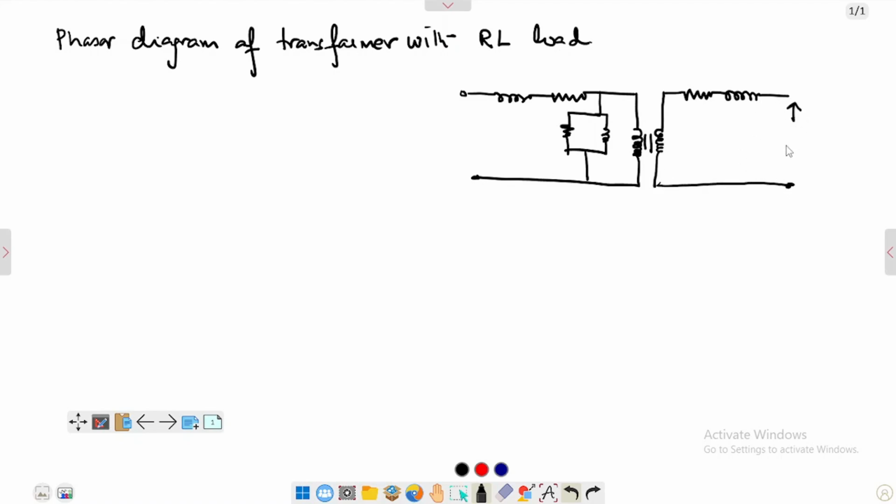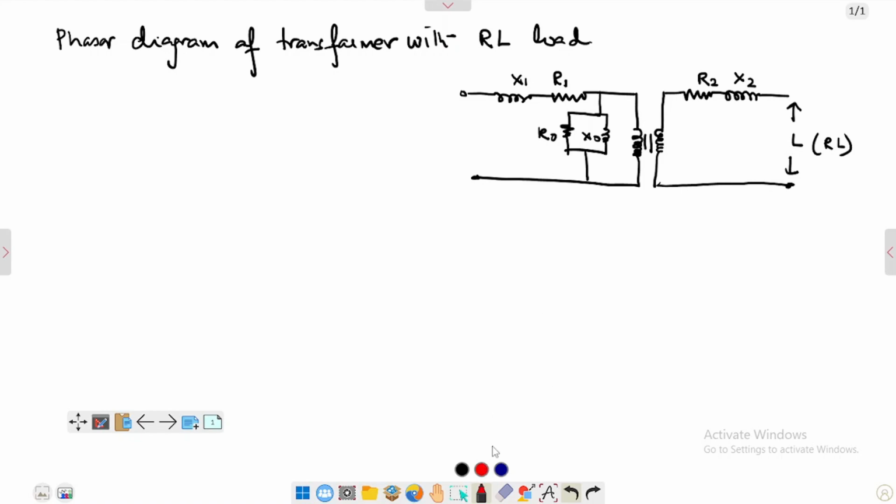So this is my load, that is, I will say RL load, and this is my R2 here, X2 here, R1 here, X1 here, R0, X0.